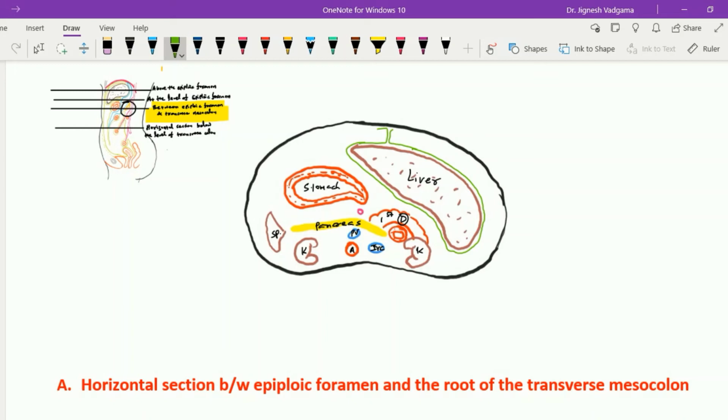And from the attachment of the falciform ligament with the anterior abdominal wall, the right layer is going to cover the anterolateral body wall and it reaches up to the upper surface of the kidney.